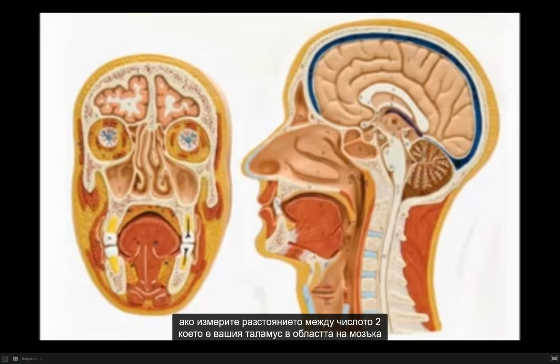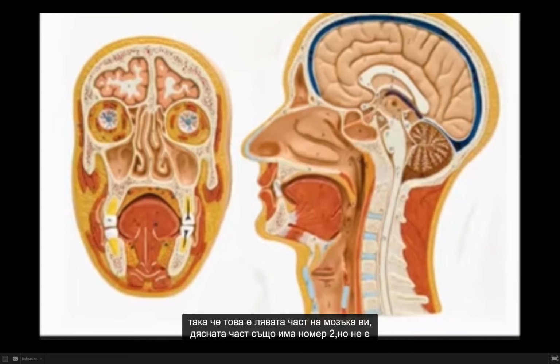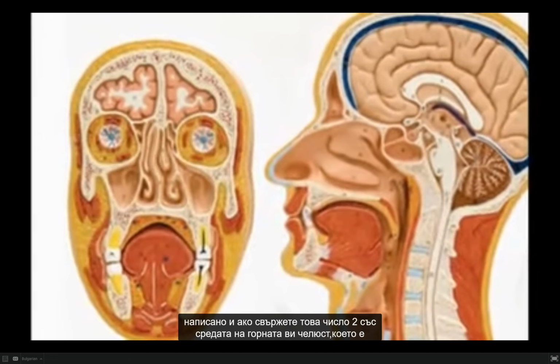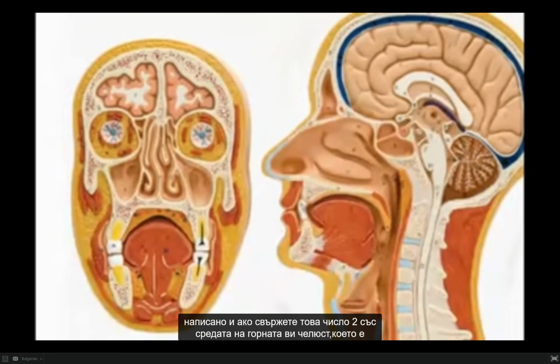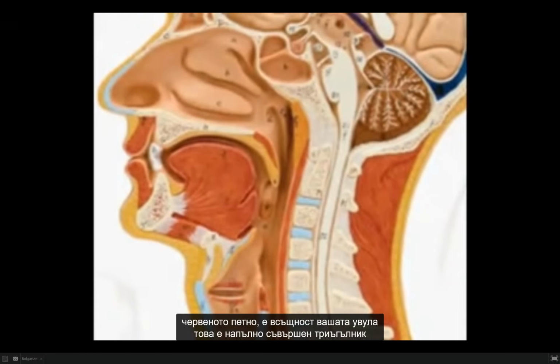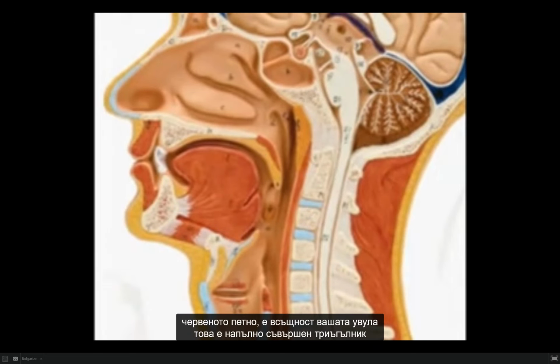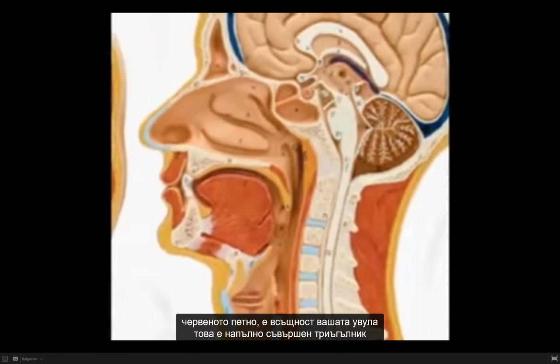And actually, if you measure the distance between the number 2, which is your thalamus area in the brain, written number 2, so this is the left part of your brain. The right part has again number 2, but it's not written. And if you connect these two numbers 2 with the middle of your upper joint, which is the red spot, actually your uvula, it is a completely perfect triangle.